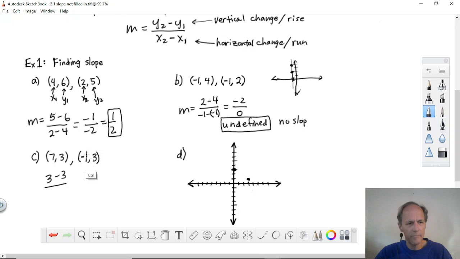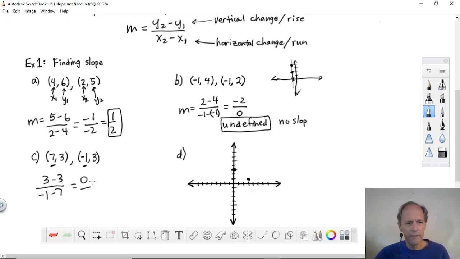And then, in the denominator, x sub 2, which is this one, minus x sub 1, which is that one, negative 1 minus 7. Okay, so in the top, that gives us 0.